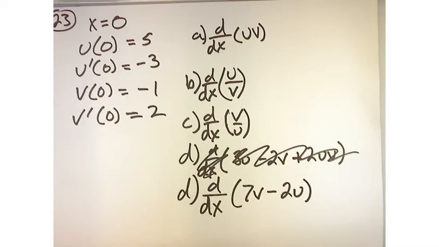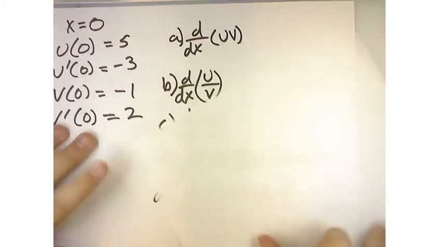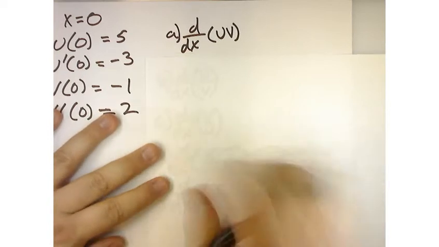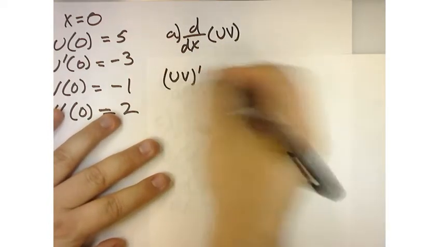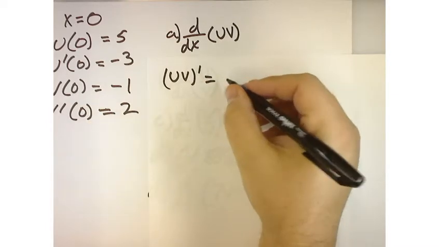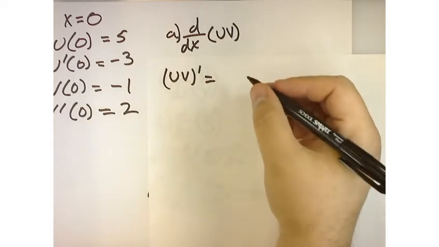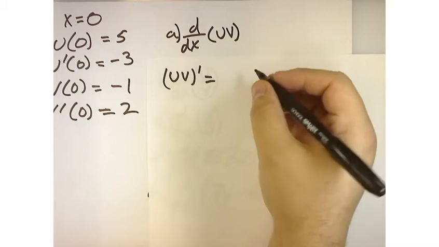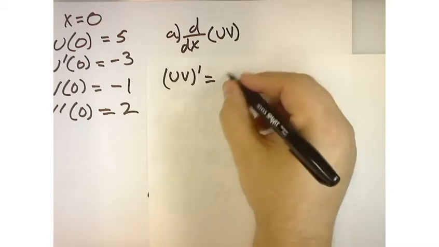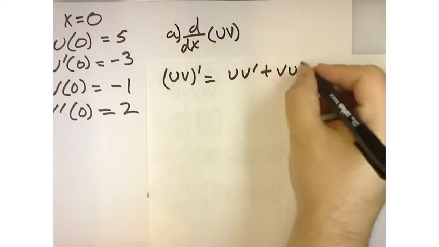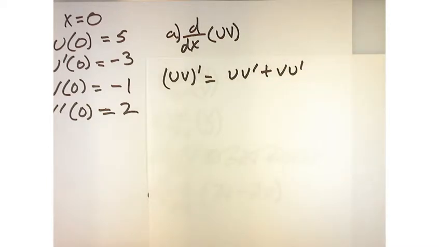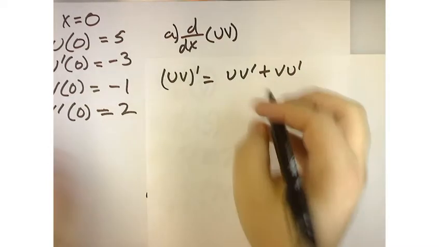All right. Are you ready? For uv, we're basically looking for uv prime. It's simply going to be on page 119 if you don't know the formula. I'm going to keep saying it and writing it down, but it's uv prime plus vu prime. So we're just going to plug these values in.